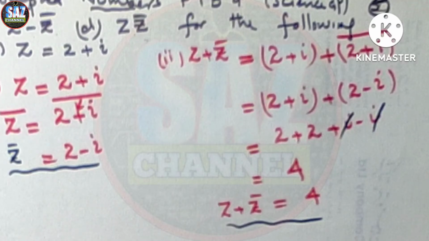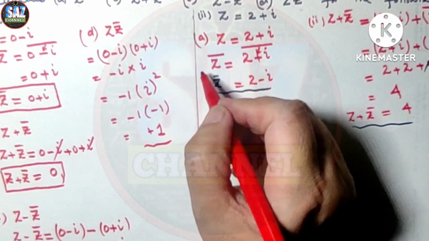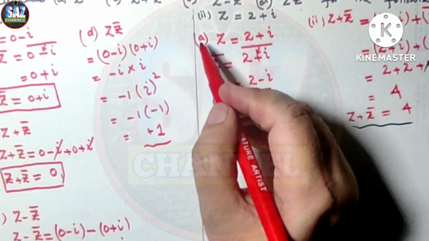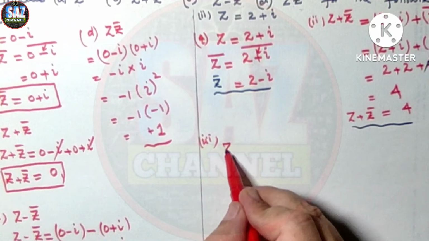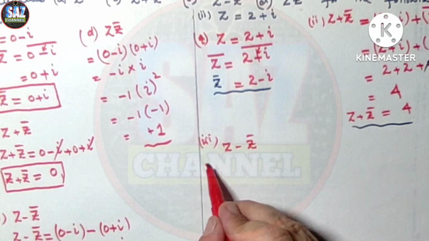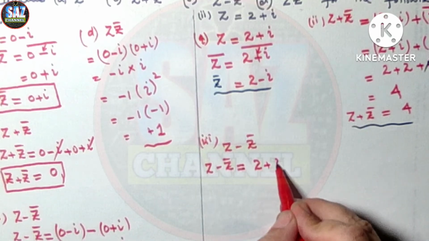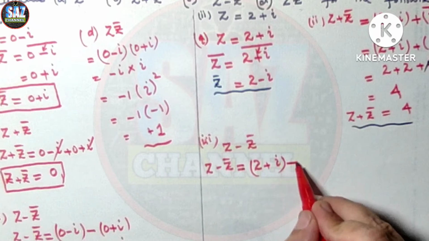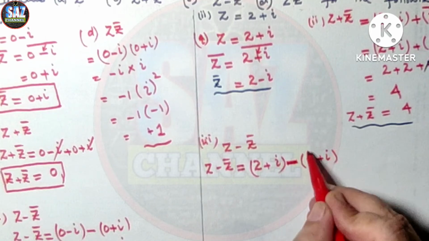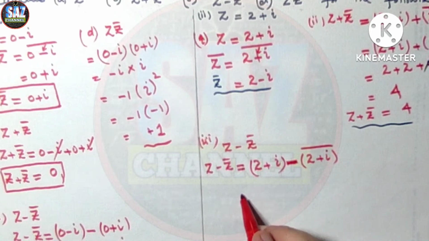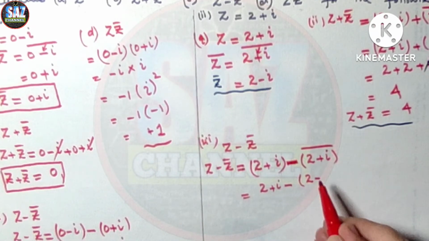And then the C part, the third part, is z minus z bar. This is what we have to find. Now, z minus z bar: the actual question is 2 plus iota minus, this is the requirement of the question, let me make it bold, 2 plus iota, and I have to put the conjugate, the bar, 2 plus iota minus 2 minus iota.